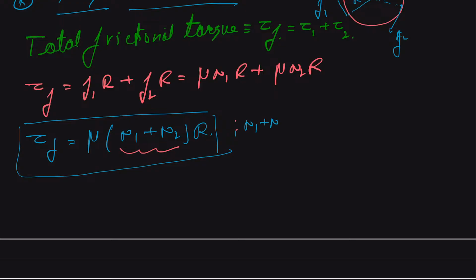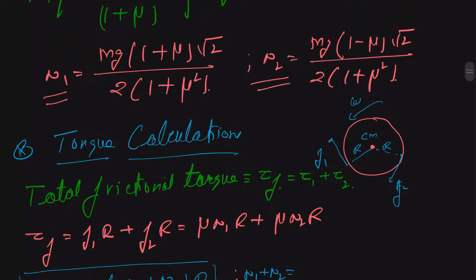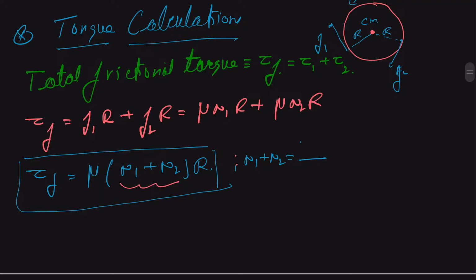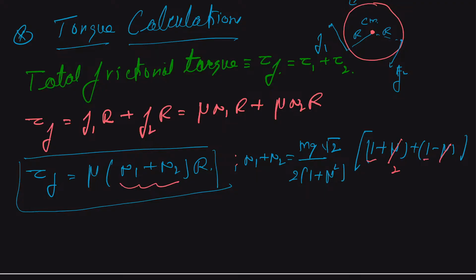In N1 plus N2 the denominator as well as a few terms of the numerator are common, so we get mg square root of 2 over 2 (1 plus mu square), and inside we get (1 plus mu) plus (1 minus mu). The mu and mu cancel out, this will be 1 plus 1, that is 2, and the 2 and 2 cancel out.